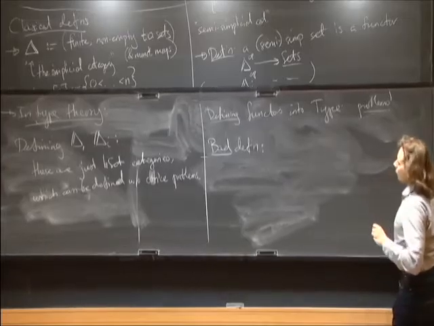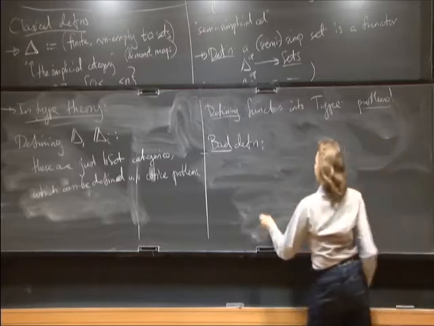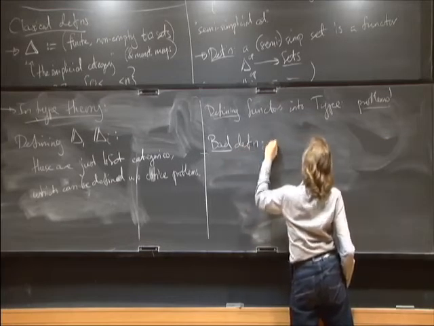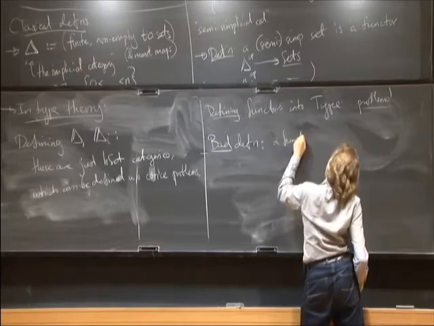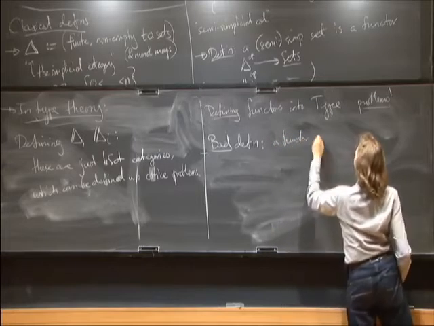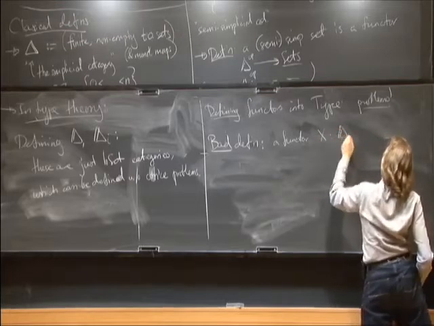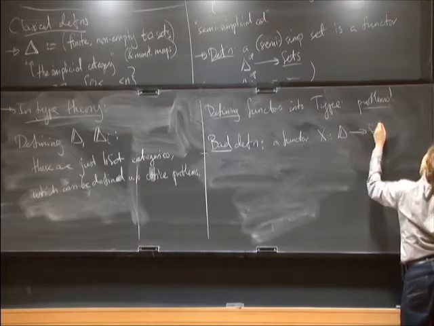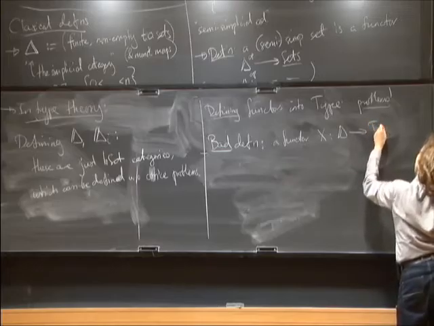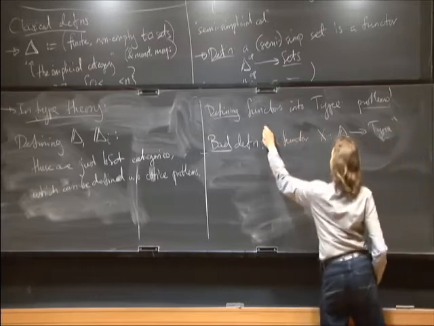So the bad definition would be a functor x from delta to type.